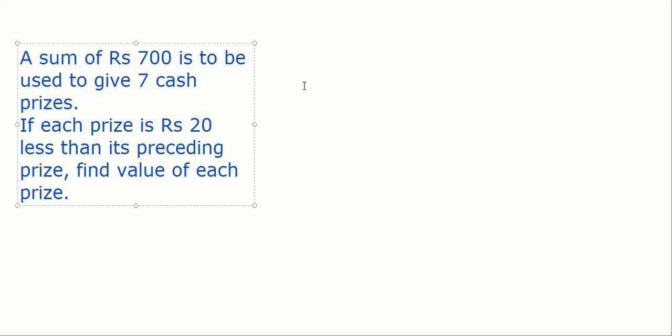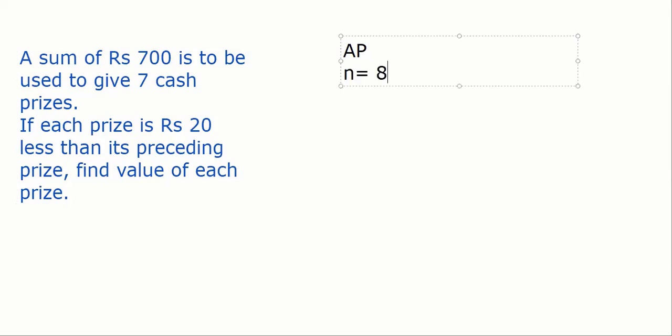Yes, there are 7 terms, and the sum is 700. We have to find a and then the full AP. Once we get the AP, the answer is there. But what is d here, guys?